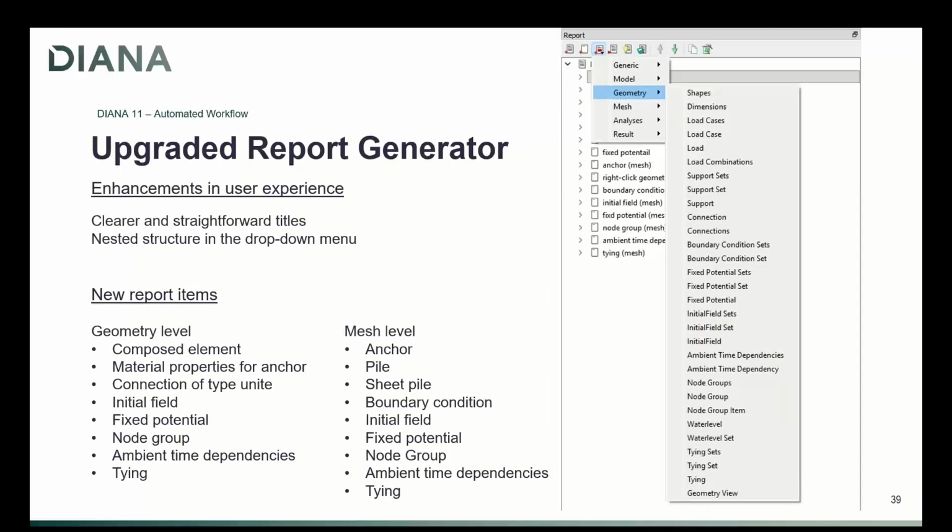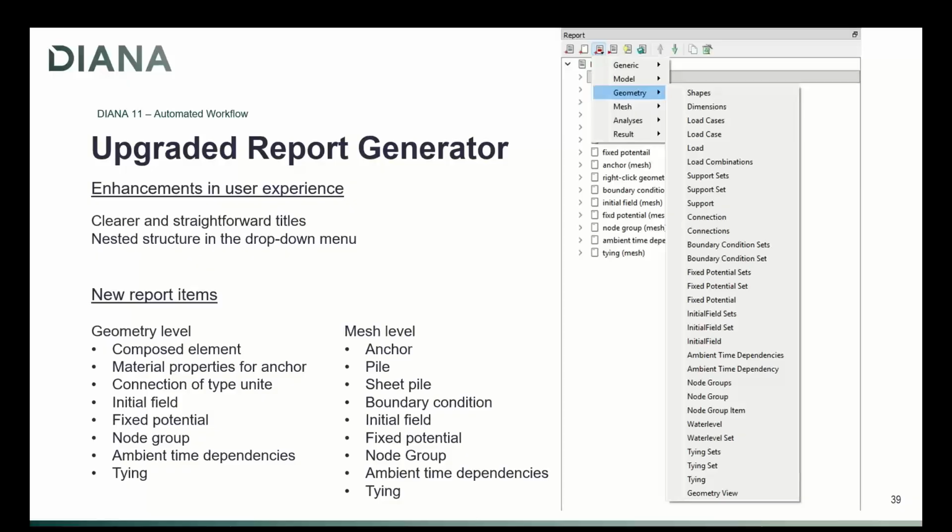So I finalize with a general improvement of the report generation. Diana has this automated report generator, and the workflow has been enhanced. Now it presents clearer titles and also a nested structure for adding sections in a report, so that you will find the parts of your model that you want to include in the report in a nicer and faster manner.